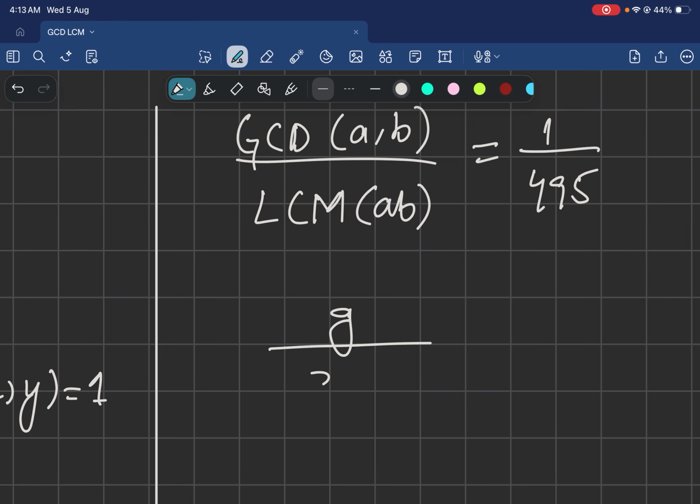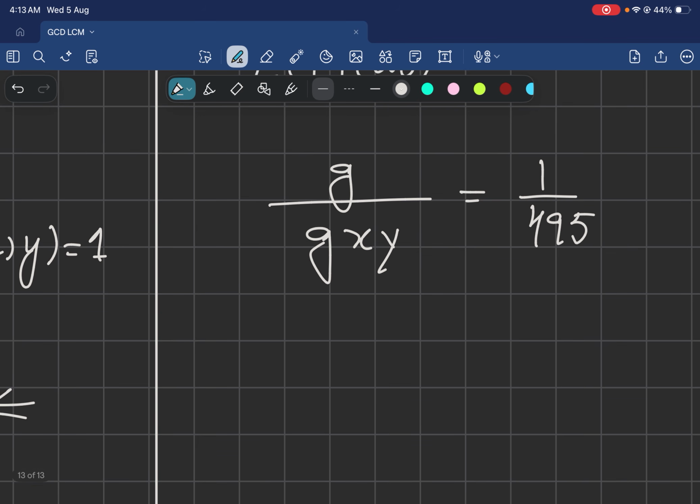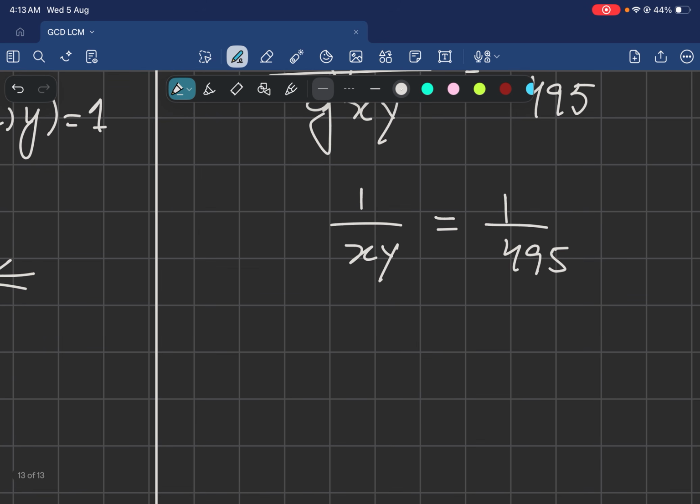This is the ratio. I told you that GCD of AB is equal to G, LCM is equal to GXY. Since G is not equal to 0, we can cancel it out and we will be left with 1 over XY is equal to 1 over 495.